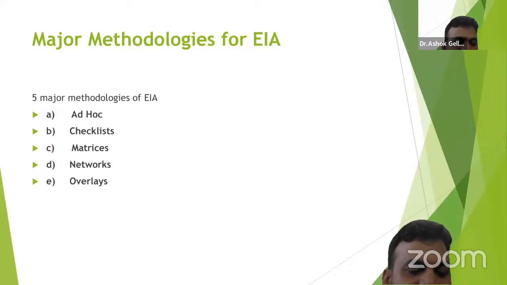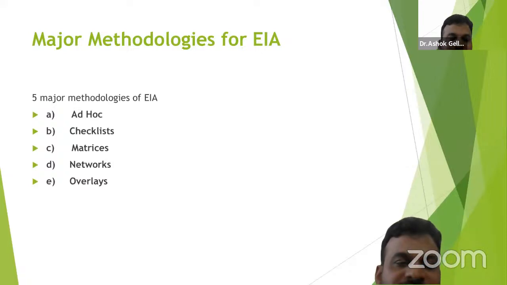So it is the standard list method, which may be associated with the respective project, the environmental impacts associated with the respective projects. So we use this checklist method in this process.